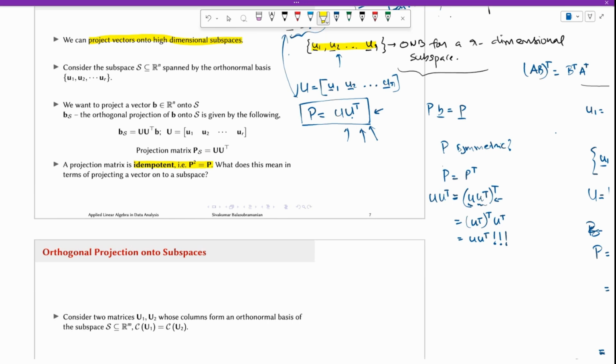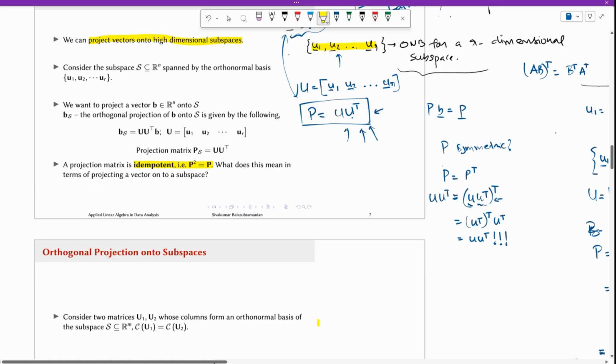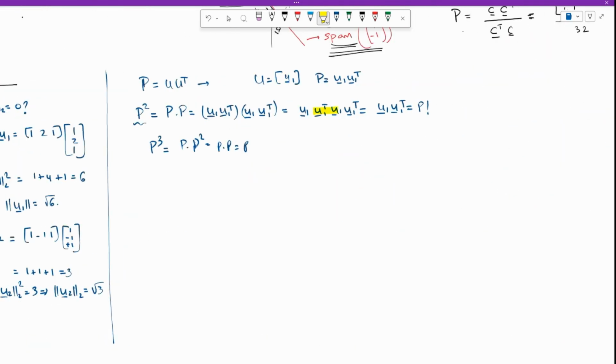But we associated a geometry with the orthogonal projection matrix P, right? What was the geometry? Let's say this is a one-dimensional subspace.